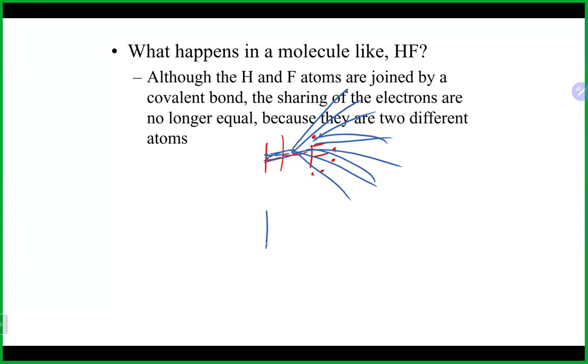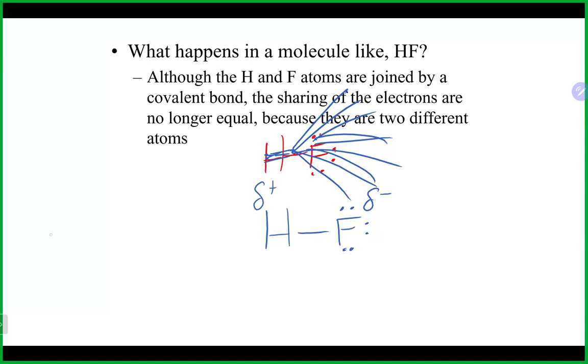The result of that is, because most of the electrons are heading towards the fluorine side, it will create a partially negative charge, delta negative or partial negative charge, on the fluorine. It will create a partially positive charge on the hydrogen part of this bond. That's because the electrons are heading towards the fluorine, and they're hanging out closer to the fluorine than they are the hydrogen in this bond.